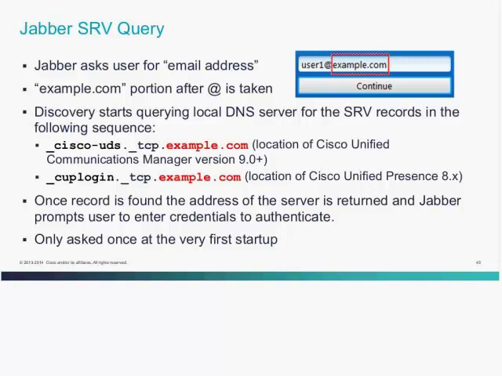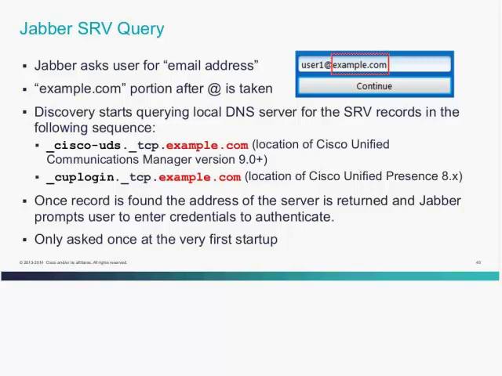When Jabber has to send the DNS SRV query, it appends that information to _cisco-uds._tcp, and it waits for the response from the DNS server. Once the DNS server responds back with the communication manager it needs to talk to, it then communicates with that CUCM server and goes ahead with service discovery. This is valid for Call Manager 9.0 onwards.